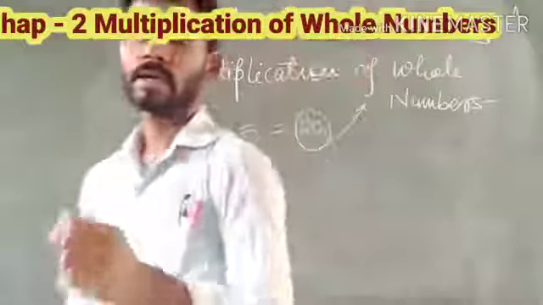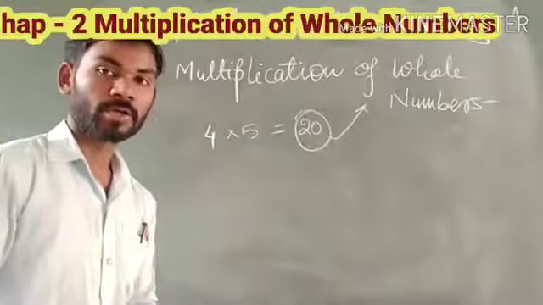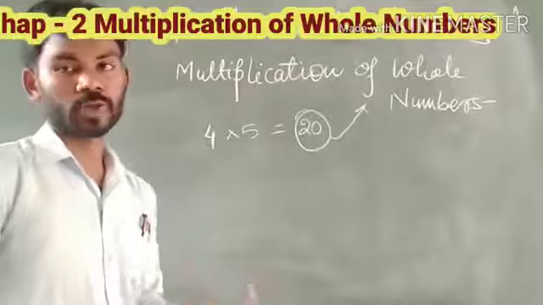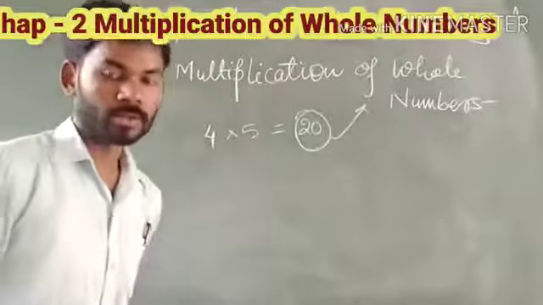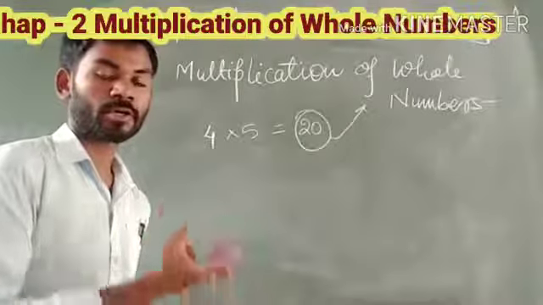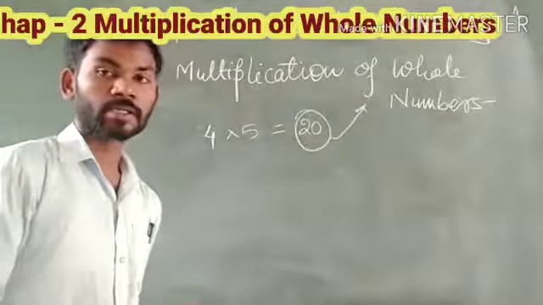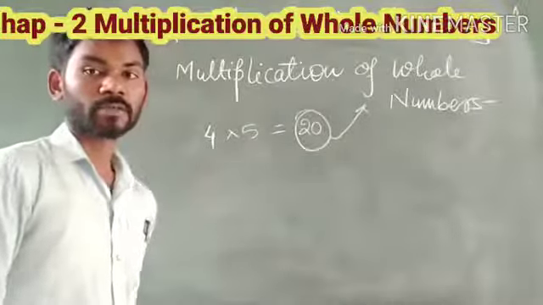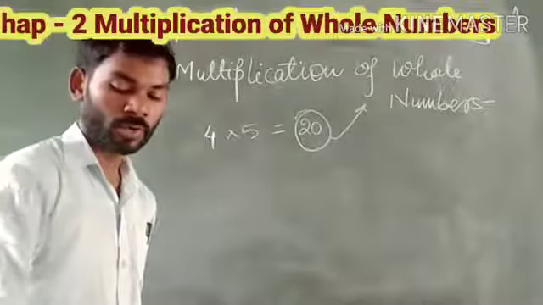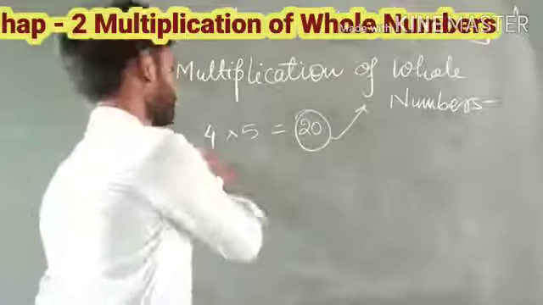When any whole number is multiplied with another whole number, then the product is always a whole number. So this is the basic of multiplication of whole number. Now let us see some properties that hold good for whole number under the operation of multiplication.